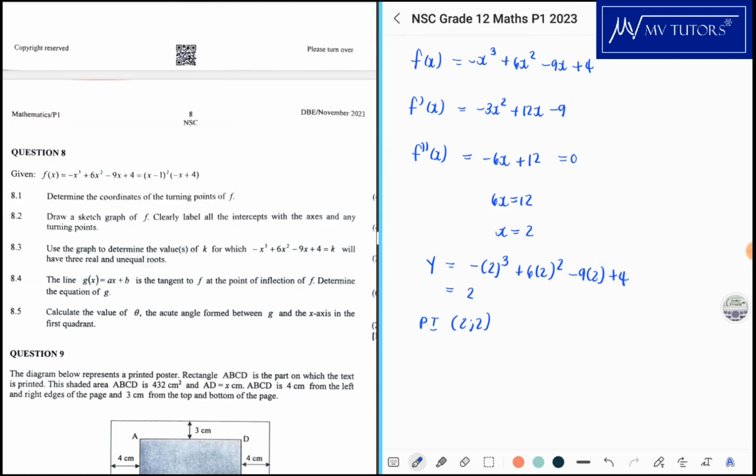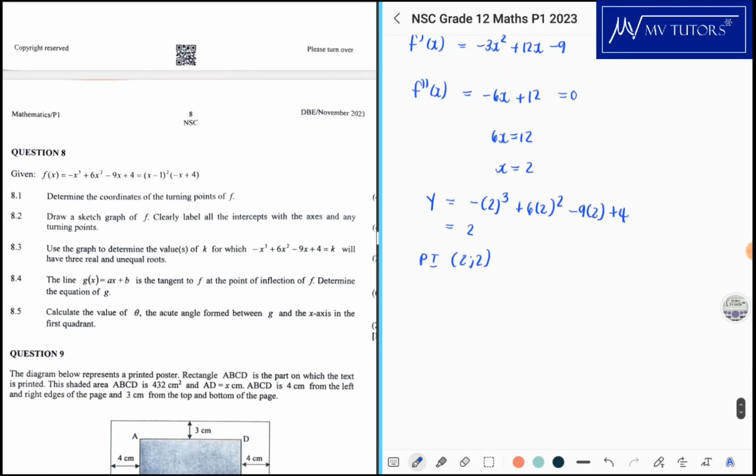We're looking for a formula here, so we need a gradient. And we know that it's at the point x is equal to 2. So we can use the first derivative because that is equal to the gradient. That is equal to negative 3x squared plus 12x minus 9. And the x value that we're going to use there, we're going to substitute 2.